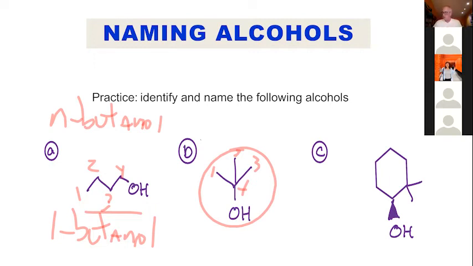What's the longest continuous chain you can make? Propane. 3, right? Exactly. So 1, 2, 3. So what will we call that then? A 2-methyl. Yep. We're almost there. Propanol. Propanol, excellent.